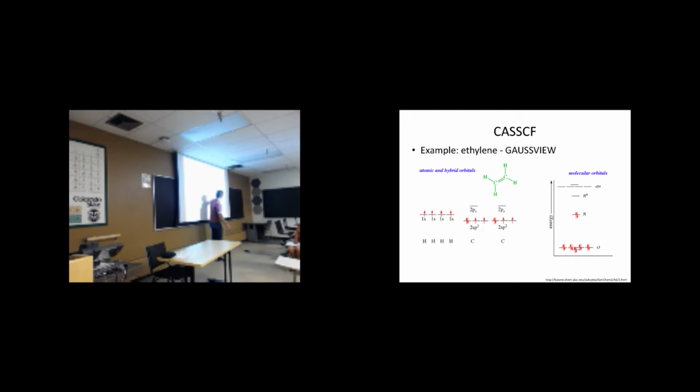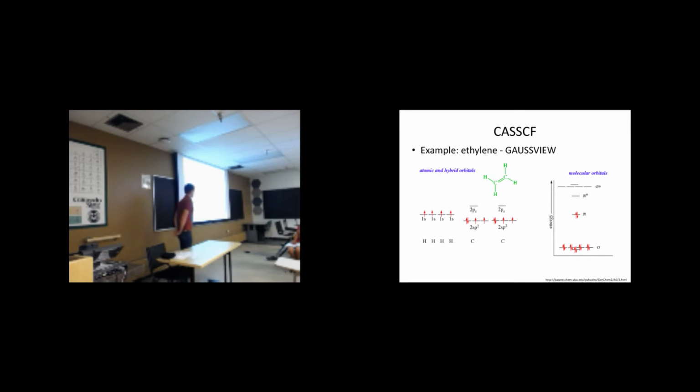This is also trying to depict the relative energies of these types of orbitals. The sigma orbitals are much lower in energy than the pi orbitals. So what would we expect the first single excitation of ethylene to be, given this energy diagram?